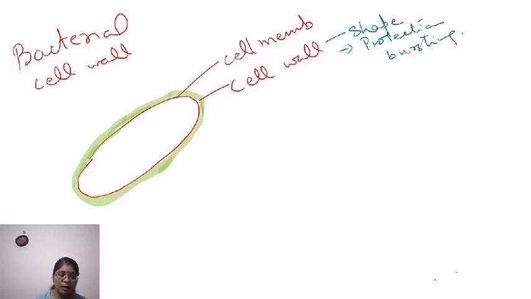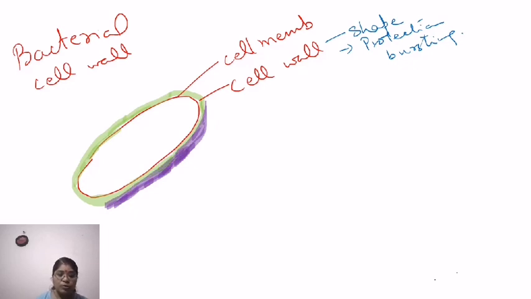Outer to the cell wall there is another layer, which we call the glycocalyx. This layer is a glycoprotein coat. I told you when I discussed prokaryotes and eukaryotes that it may or may not be present.